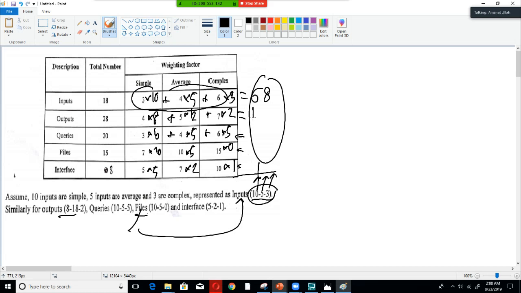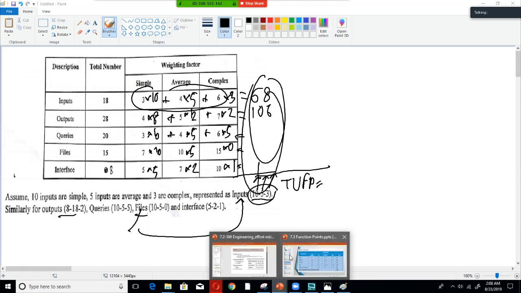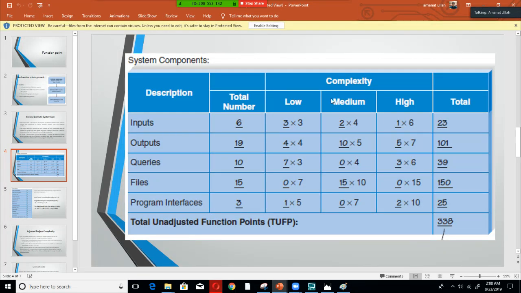After we get all these values, we sum them up and we get the total unadjusted function point. If we see one of our slides, we will get a better idea. In this example, we see the total unadjusted function point is 338.